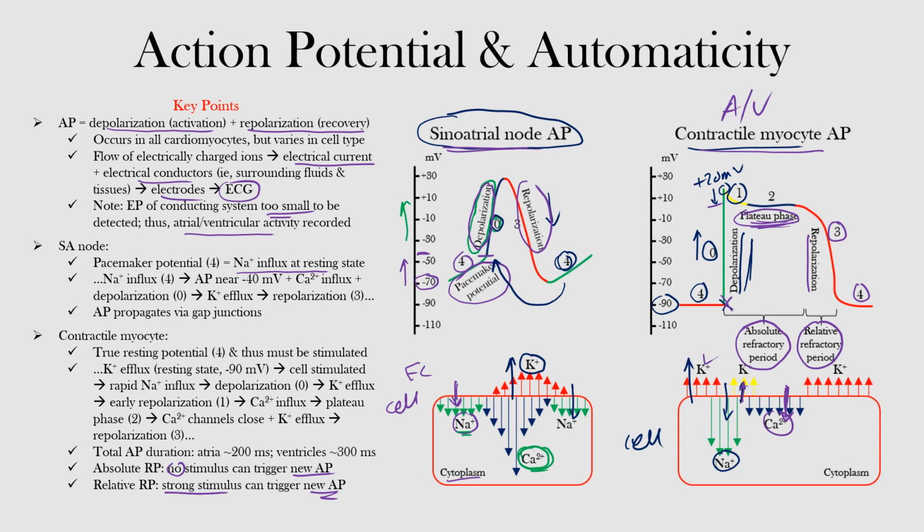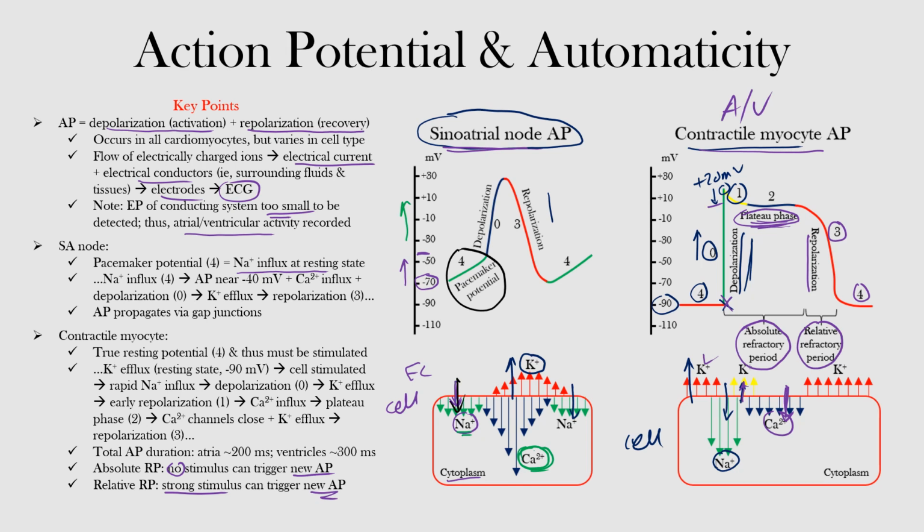Now, in terms of the sinoatrial node action potential, we said that this pacemaker potential, which is phase 4, this phase here, so we'll just erase this and go through it again. So phase 4, this pacemaker potential, is when we have sodium influx into the cell. So that's the beginning of it.